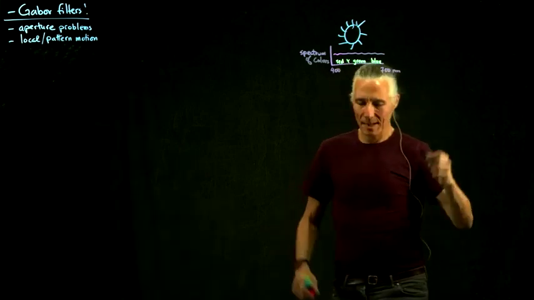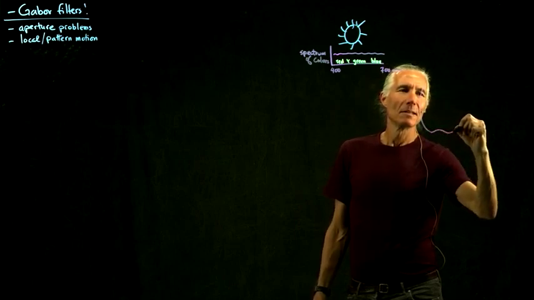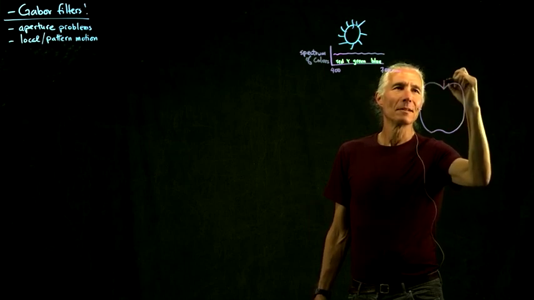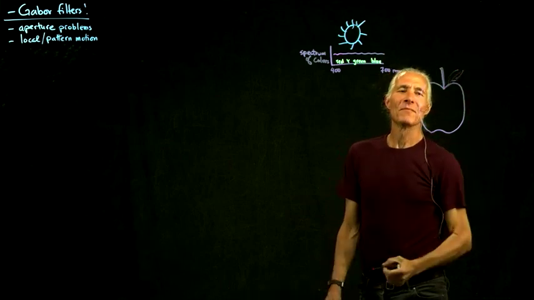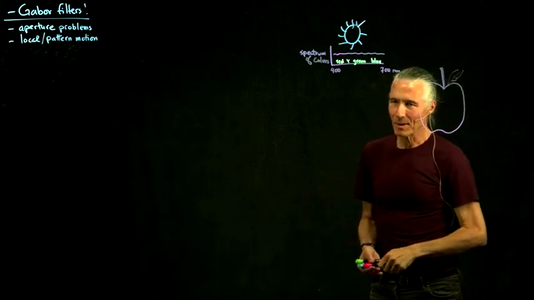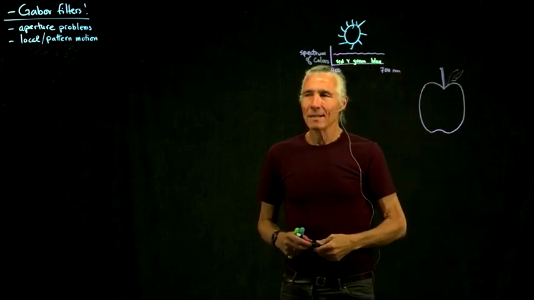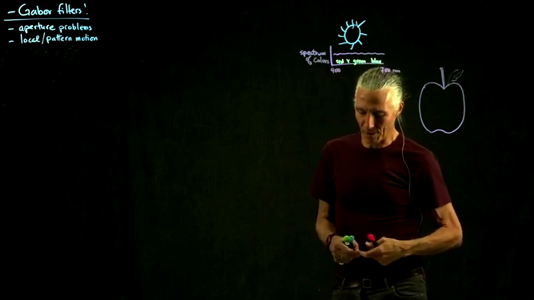Here's an apple. There's the stem, and there's a little leaf coming off of the apple. Okay, so an apple is red. What does that mean? It means that the apple reflects red and absorbs other colors.